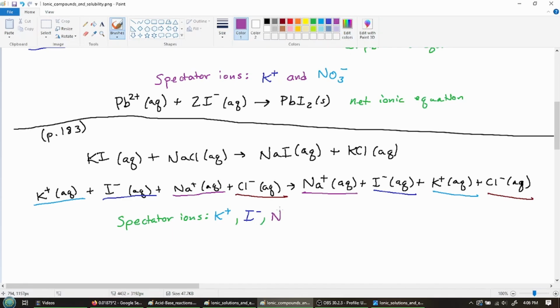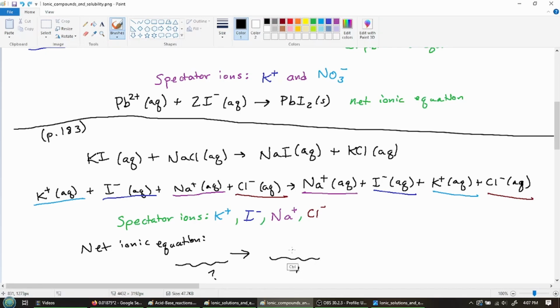So I want you to imagine, as I'm finishing writing these up, what our net ionic equation is going to look like. Because remember, when we write that, we have to take out everybody who's just spectating. So the net ionic equation, well, nobody's left over. There's nothing to go here.